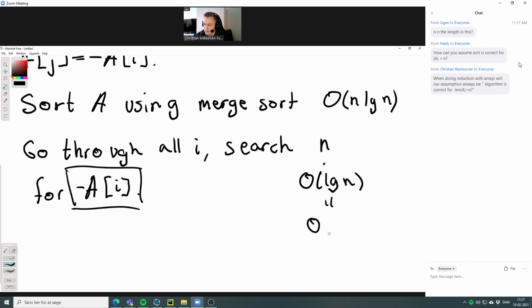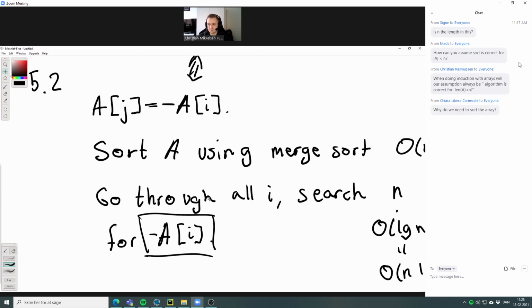So you get O(n log n). And because these two are the same, we get O(n log n) as our overall complexity. Of course, it would be some constant times n log n plus some other constant times n log n. Doesn't really matter. We can omit constants from complexities.